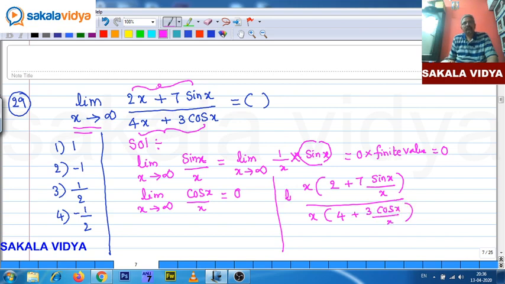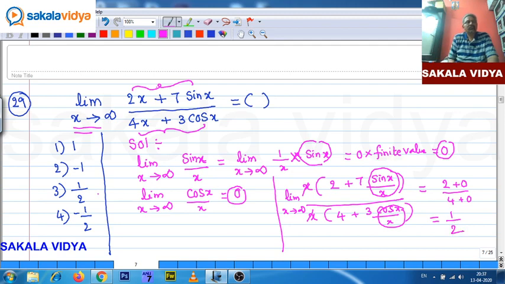Now limit is applied, limit x approaches to infinity, x cancels. Now tell me what is our answer. So sin x by x is 0, cos x by x is 0. So now it is replaced by 0 and it is replaced by 0. We get 2 plus 7 into 0, 4 plus 3 into 0. 2 by 4 is 1 by 2. So the third option is the right option.